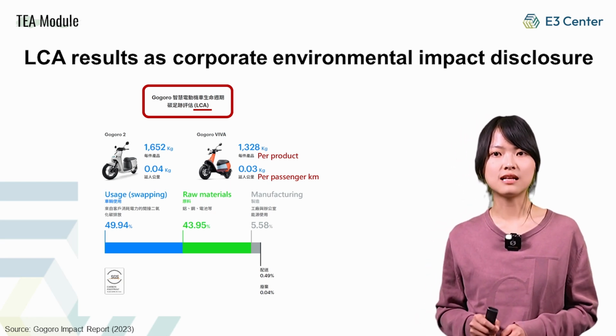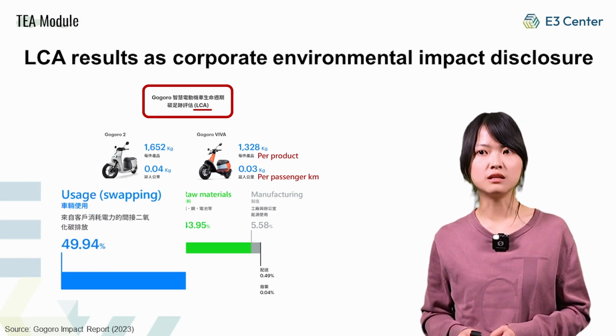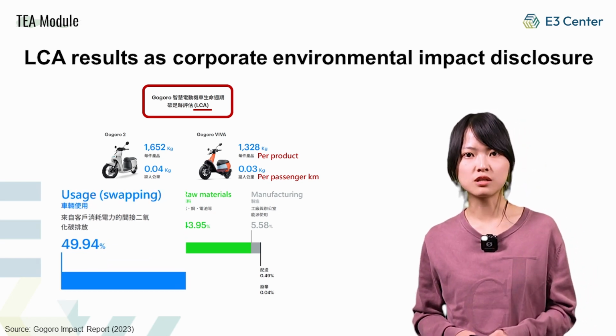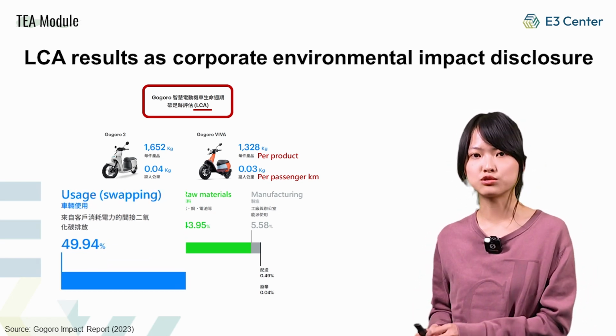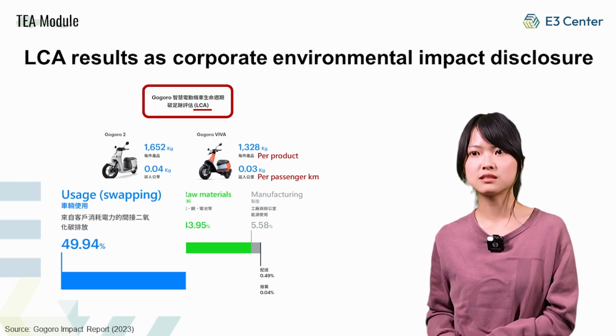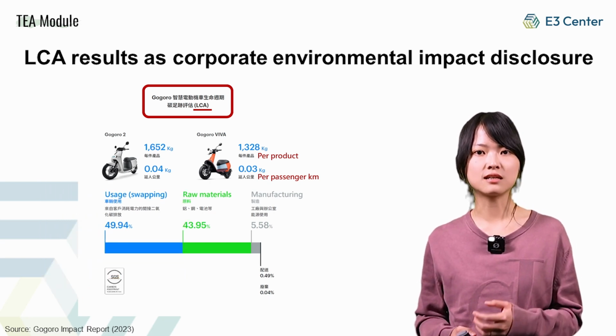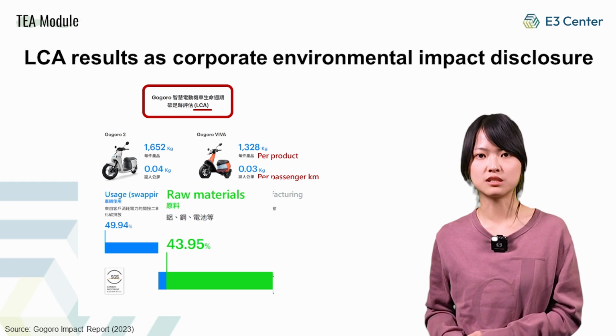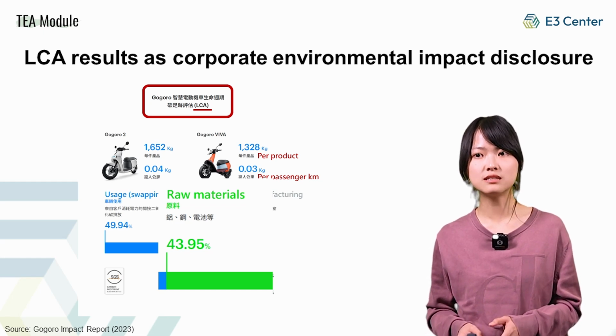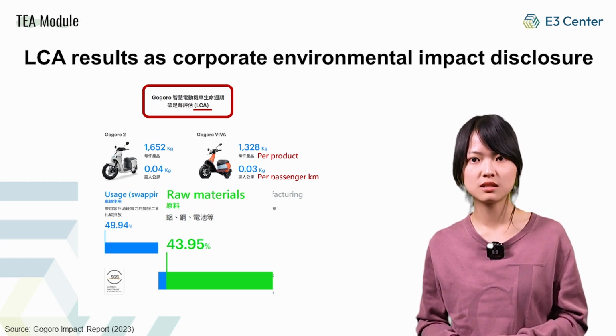It reveals that nearly 50% of the carbon emission from the scooters occur during the battery swapping and the usage phase. The next significant contributor is the raw materials, accounting for nearly 44% of emissions.